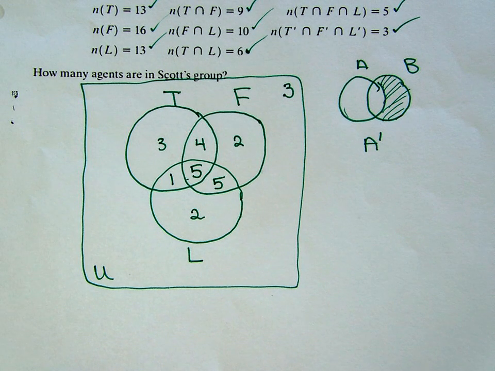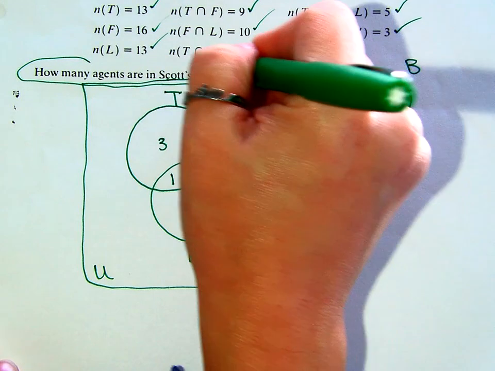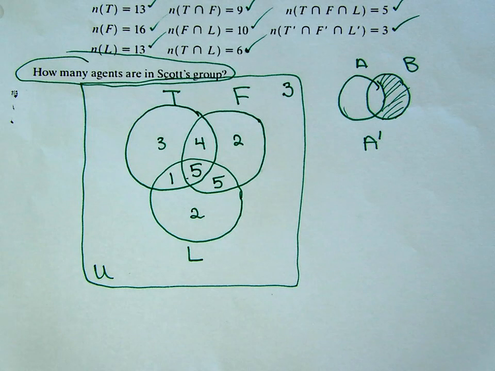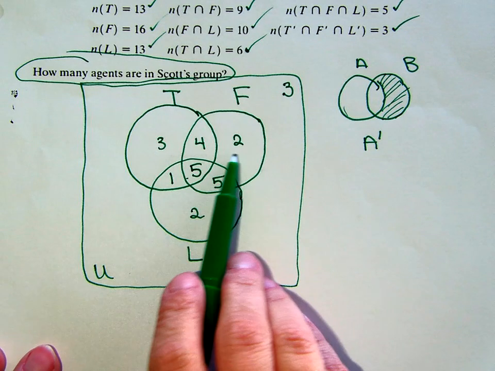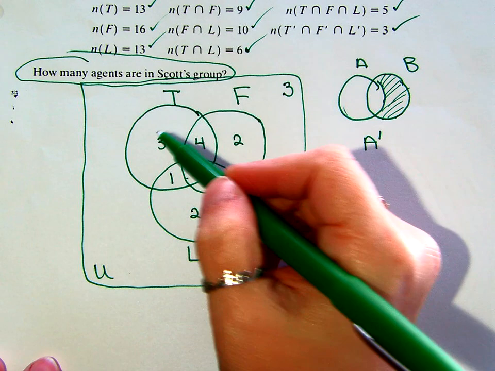So now the only question we're being asked of this one, how many agents are in Scott's group? 25. Yeah, there's 25. So again, the way that we find it is we add up all the numbers that we have distributed out. So I have 10, 10, and 5, 25.